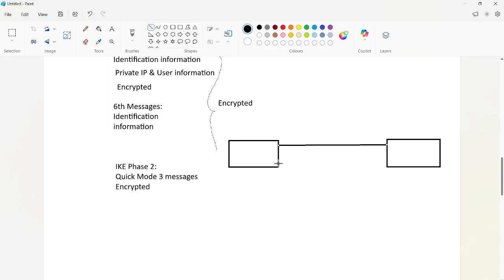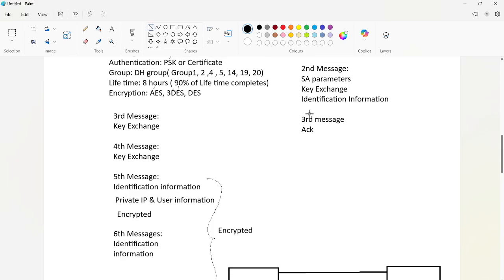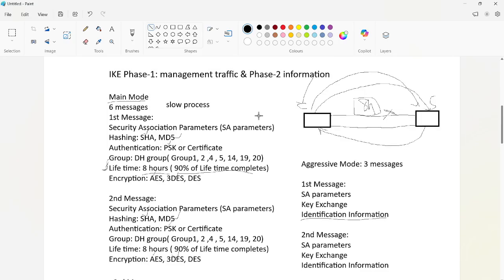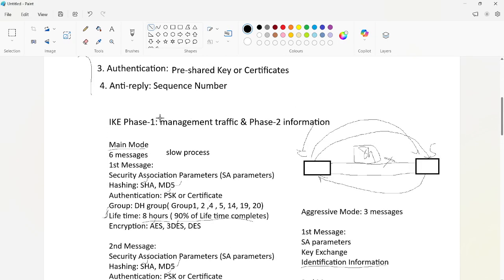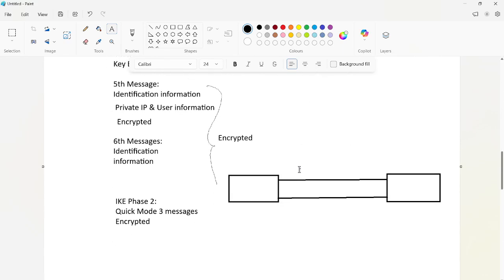We have already discussed phase 1. This phase 1 is mostly used to exchange the management traffic, as well as phase 2 information. We have already discussed phase 2 information. Now our phase 1 tunnel is already formed.